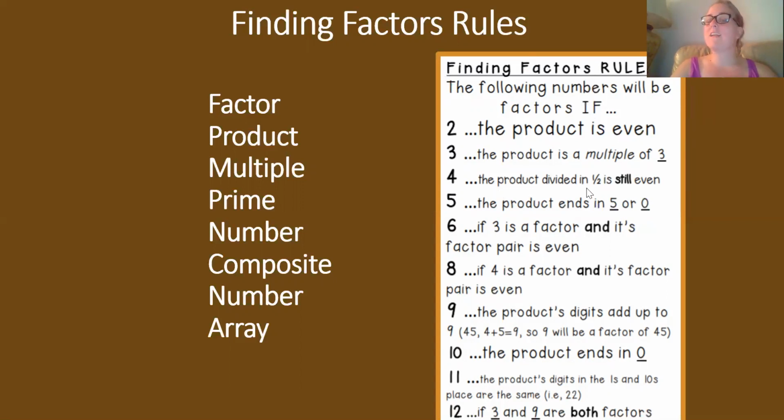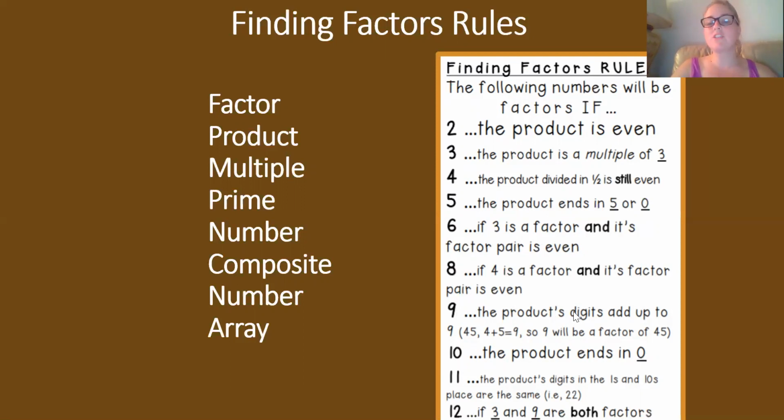If the product divided in half is still even, then 4 would be a factor. If the product ends in 5 or 0, 5 would be a factor. If 3 is a factor and its factor pair is even, then 6 would be a factor. If 4 is a factor and its factor pair is even, then 8 would be a factor.